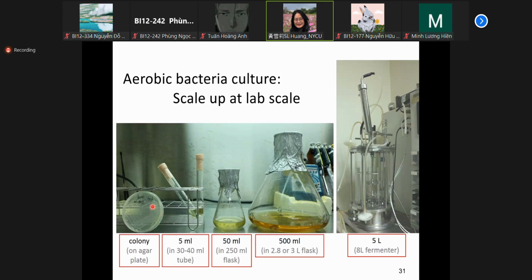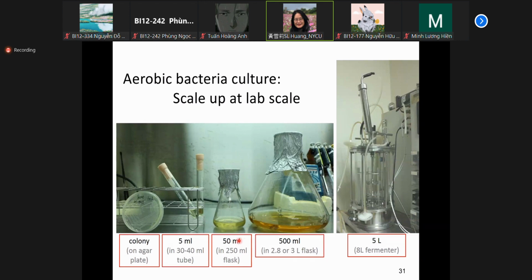Then one colony we transfer into 5 ml culture in a test tube, with sufficient space in the test tube. This is for the aerobic bacteria. For aerobic bacteria, as I mentioned, we leave enough space for the bacterial suspension in the flask.